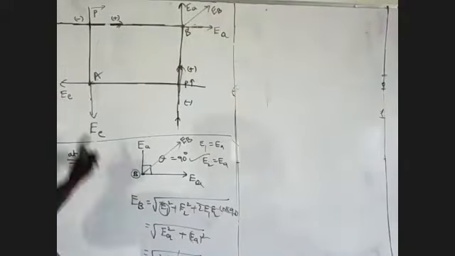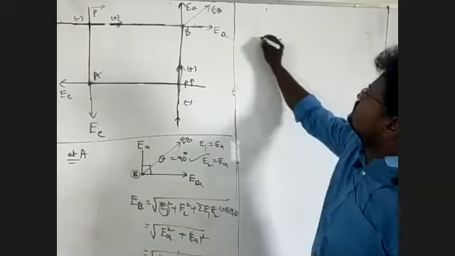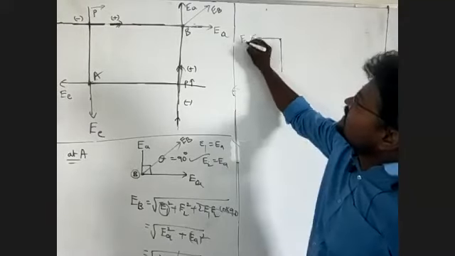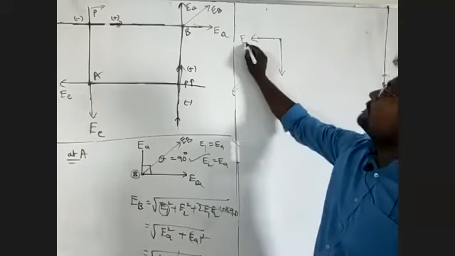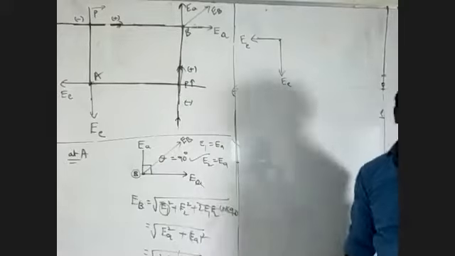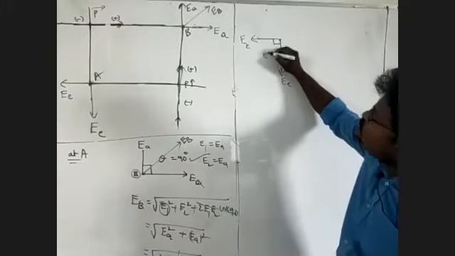At the same time, next to the B point, at the A point, this is E and this is E. Now, what is the angle between them? Theta is equal to 90 degrees.